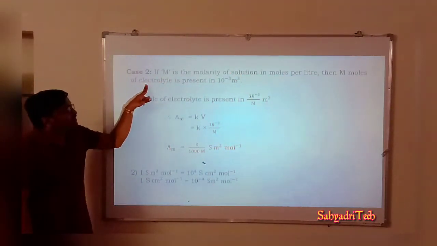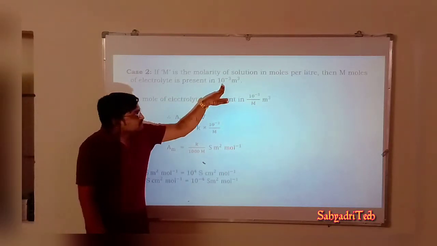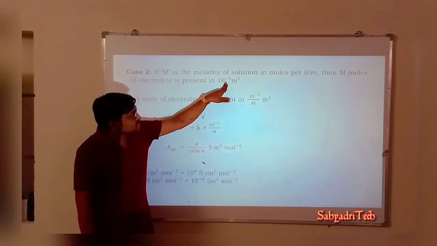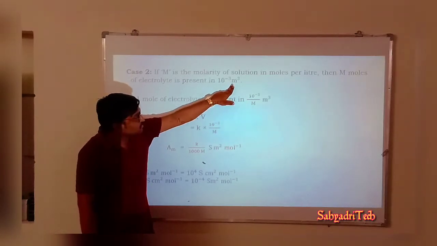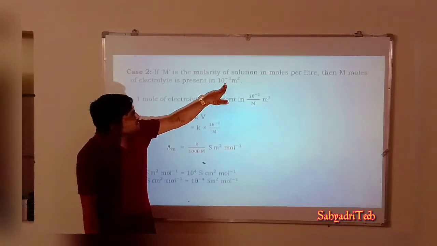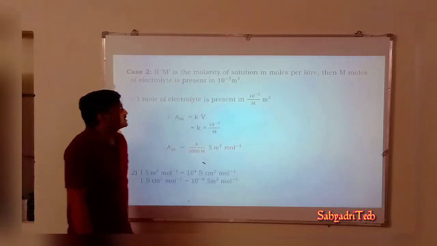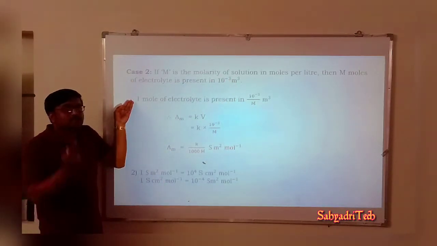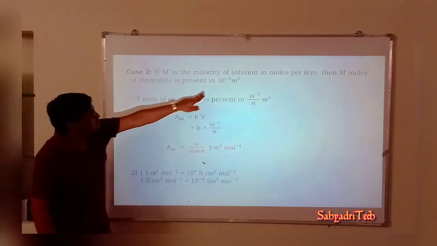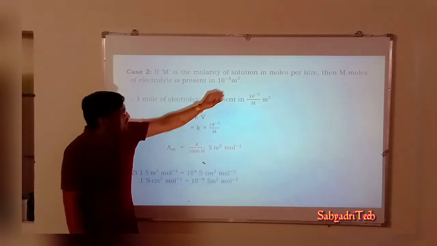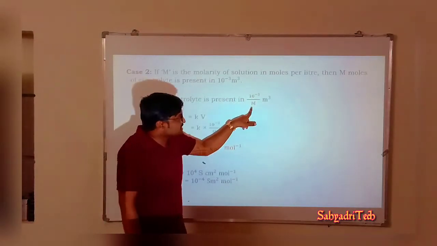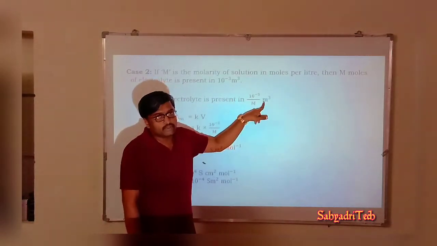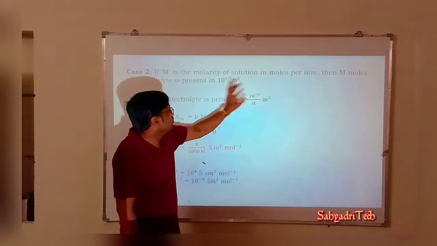M moles of electrolyte are present in 10 raised to minus 3 meter cube of a solution. 10 raised to minus 3 meter cube, that is decimeter cube. Then if it is 1 mole, I can say 1 mole of electrolyte is present in 10 raised to minus 3 by m meter cube of a solution. Now this is the volume.